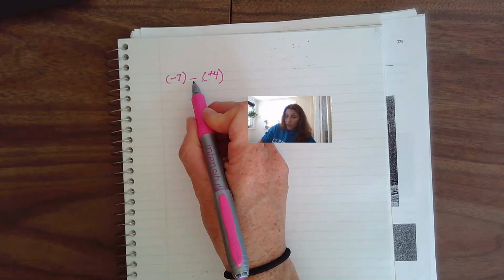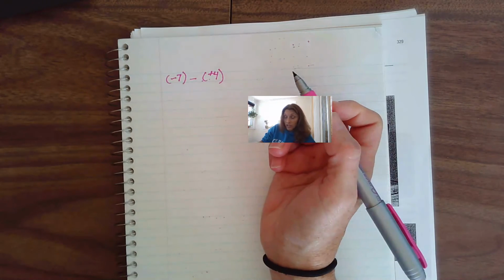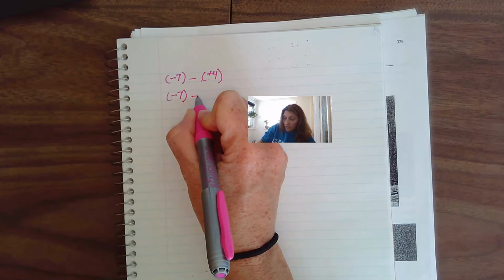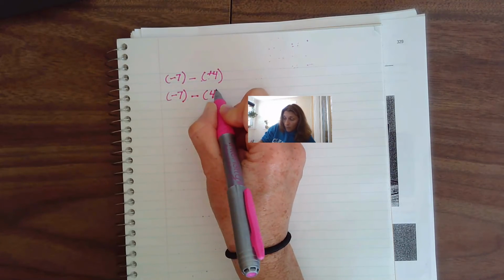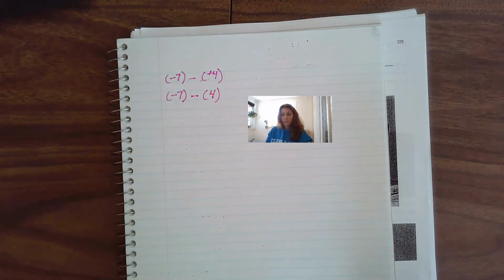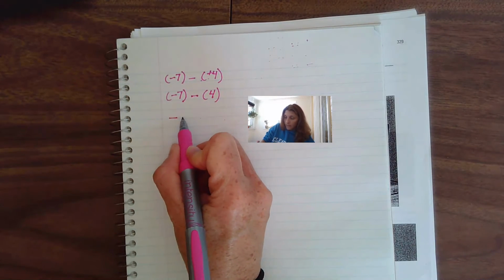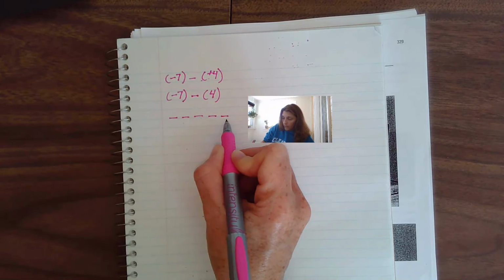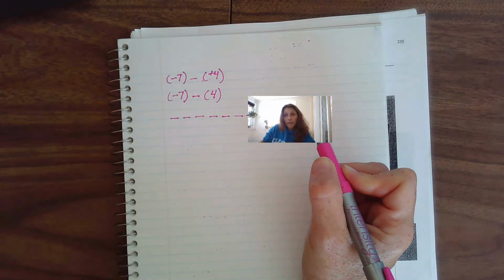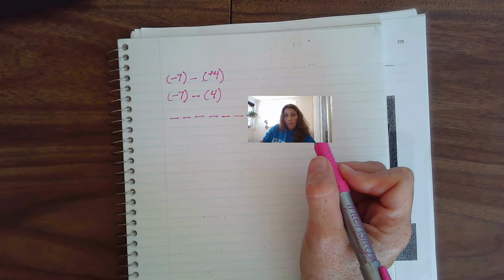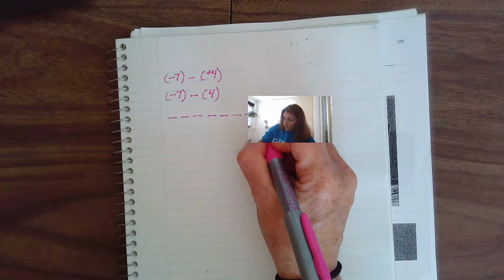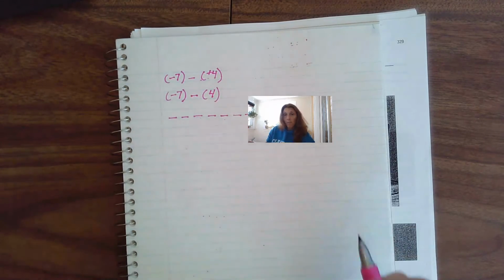Remember, when you're subtracting a positive, you're just turning it into subtraction. So it's -7 take away 4. -7. 1, 2, 3, 4, 5, 6, 7. Okay? And we're taking away 4 more. Okay? 1, 2, 3, 4.